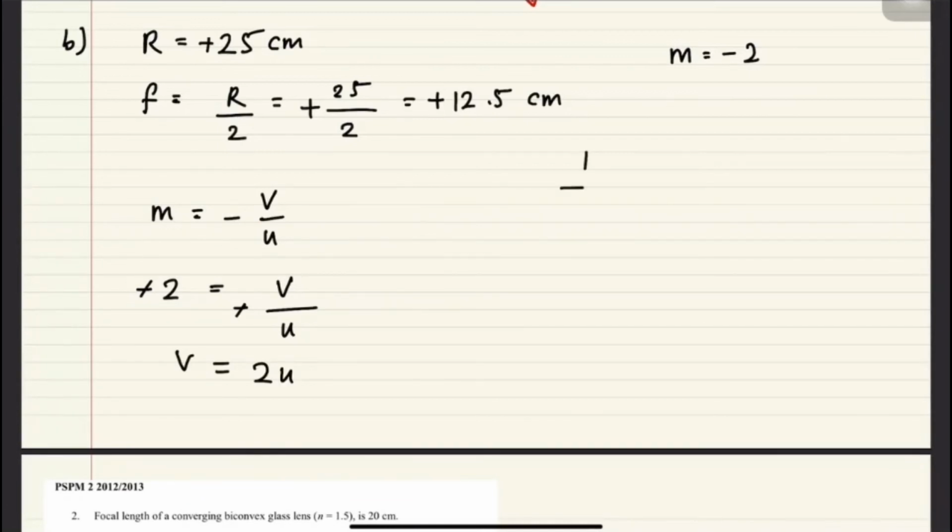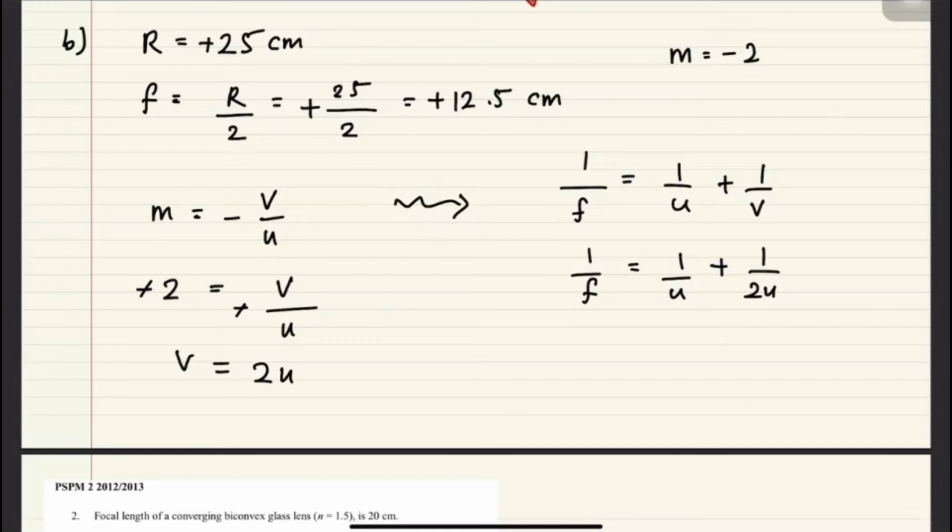So 1 over F equals to 1 over U plus 1 over V. V dia adalah 2U. F tadi adalah berapa dia? 12.5. So 1 per U tambah 2 per U itu jadi 3 per 2U.